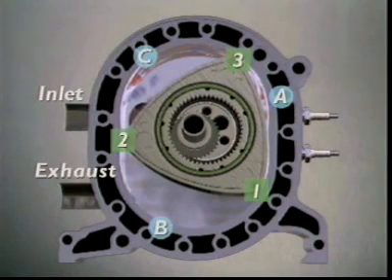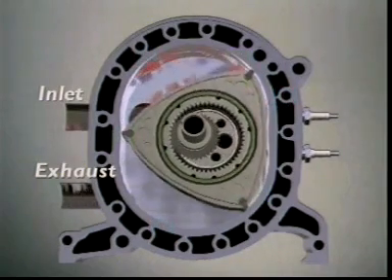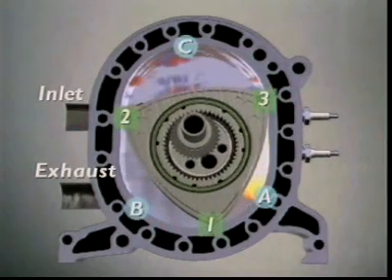Chamber B has uncovered the exhaust port and is starting to push out its exhaust gases. Chamber C has moved on for more fuel-air mixture. Chamber A ignites. The combustion produces a power phase for A. Chamber B keeps pushing out exhaust gases. Chamber C's inlet port is about to be closed after receiving more mixture.